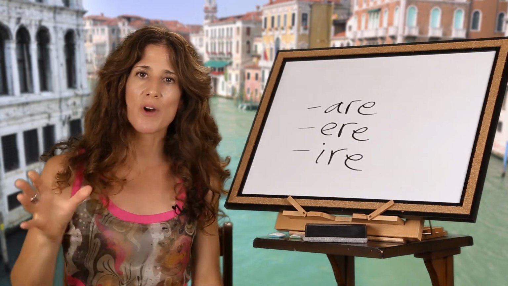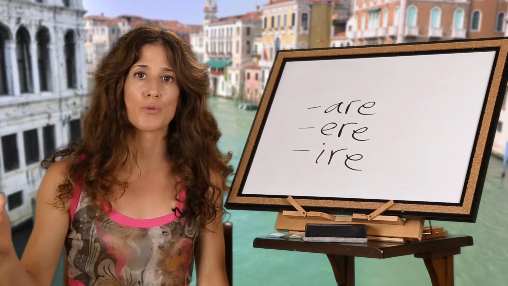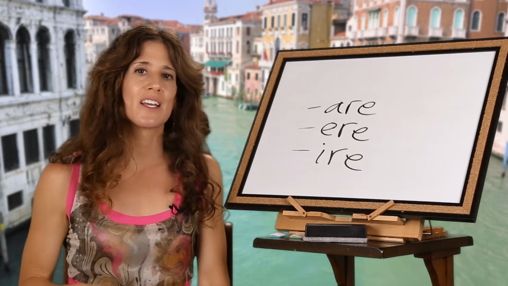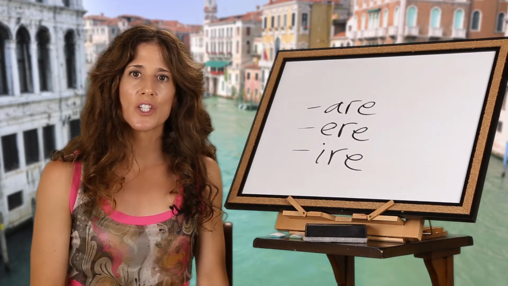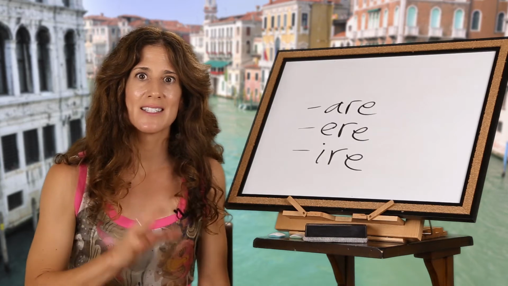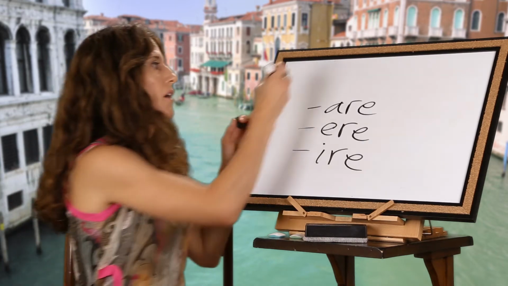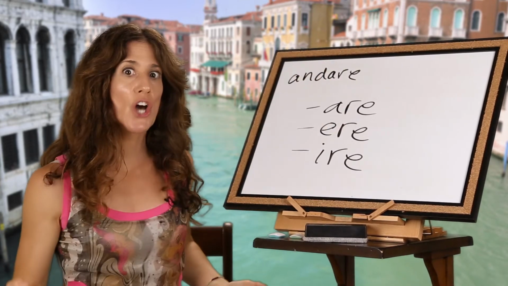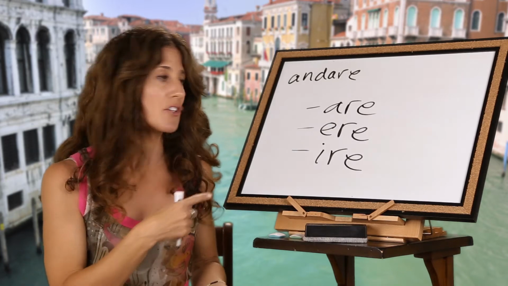If you memorize a certain formula, whenever you see any of these verbs that fit into these groups, you'll know how to conjugate it. The tricky thing is that there are also a lot of irregular verbs in Italian. Just because a verb ends in are, it doesn't mean that it fits into the regular group set. For example, the verb andare is the verb to go. It ends in are, but it's irregular, so it doesn't follow this conjugation.